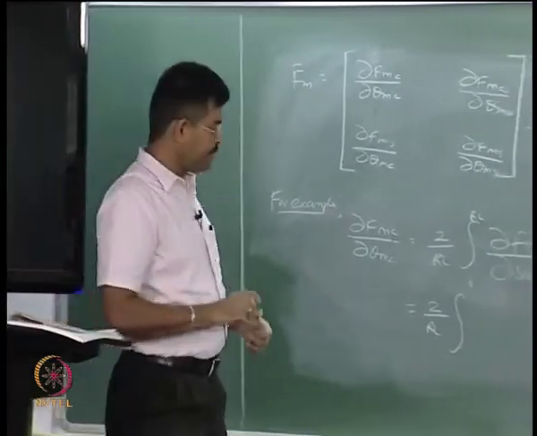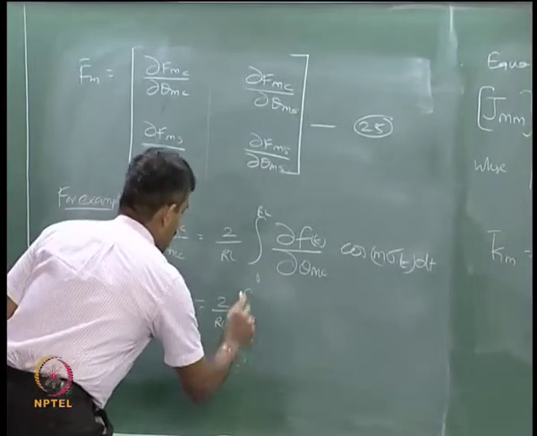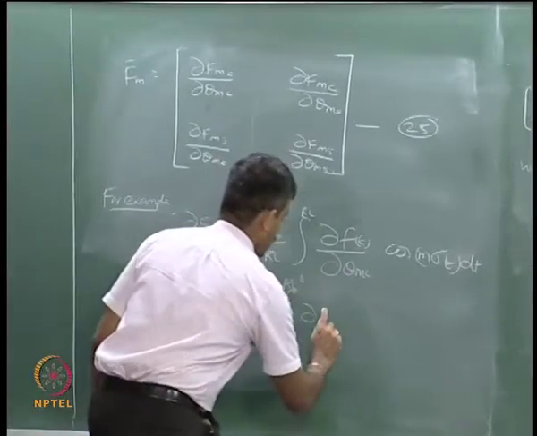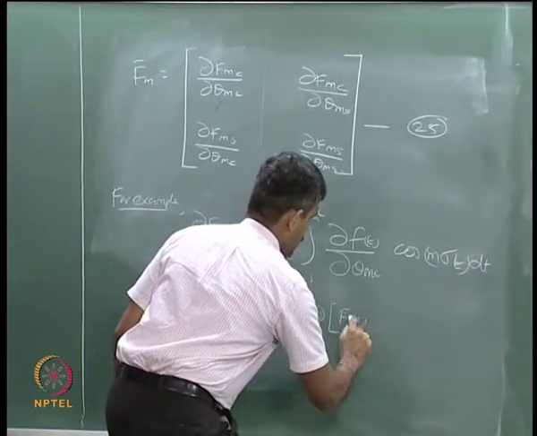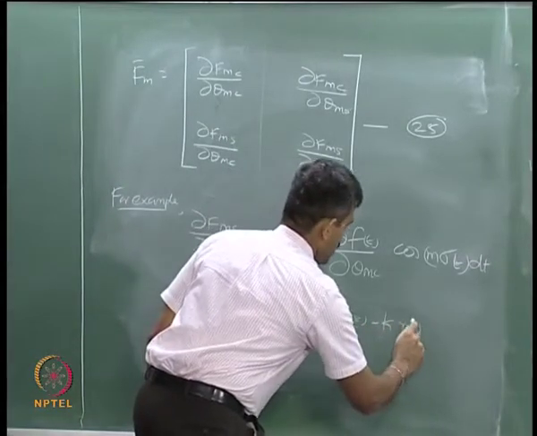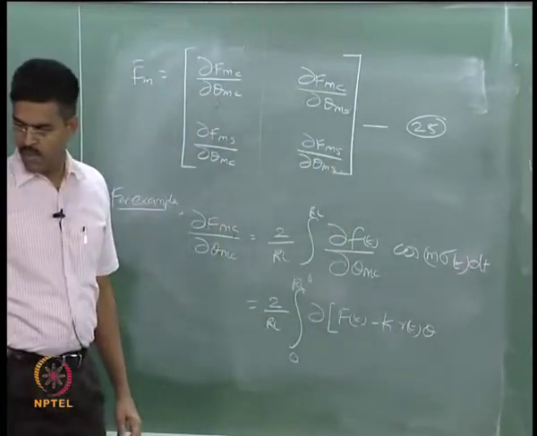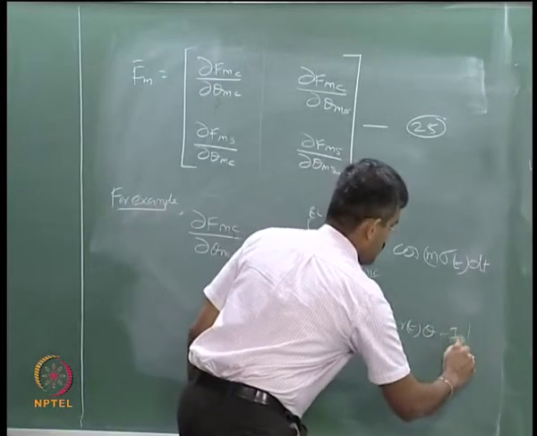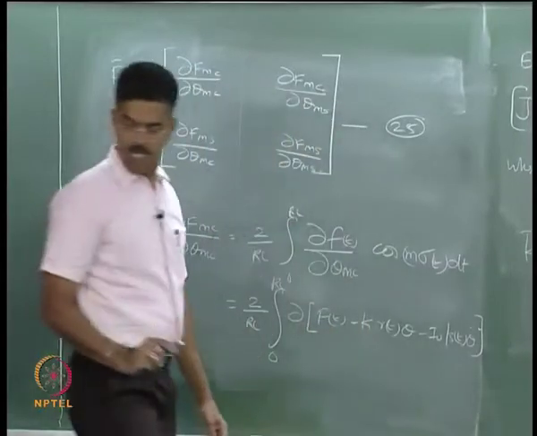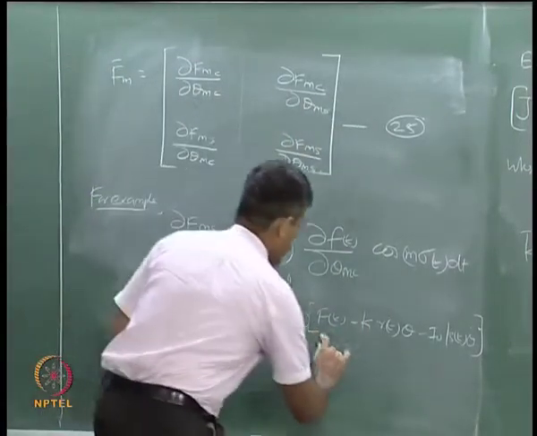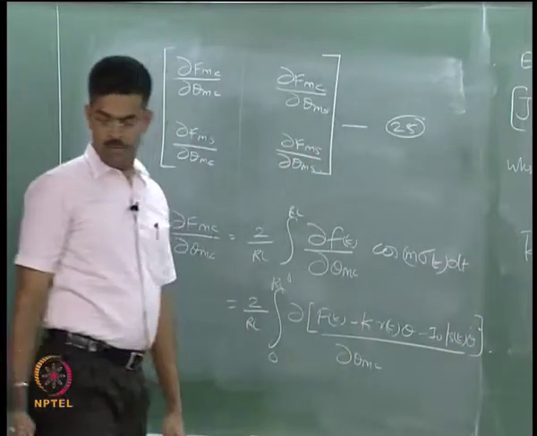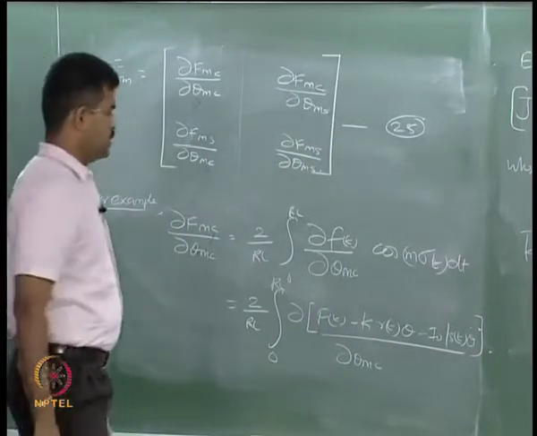I am rewriting it again. So, 0 to record length of derivative of f of t minus k nu t theta minus I naught beta of t theta double dot by dou theta mc multiplied by cos m sigma t dt.